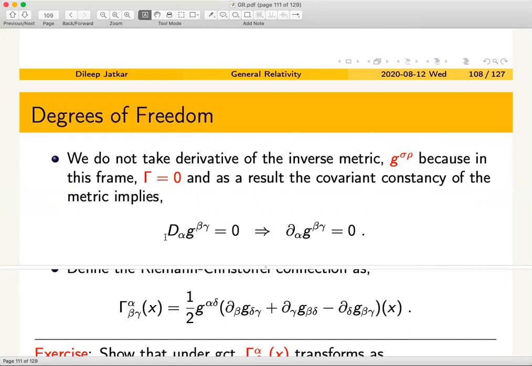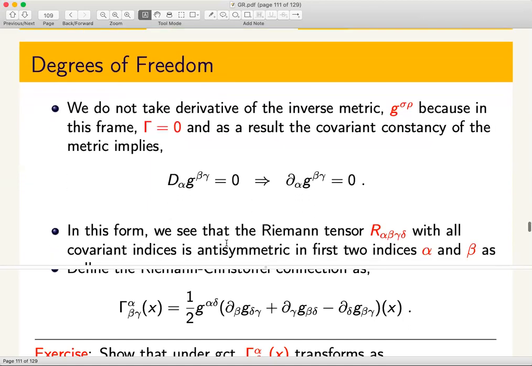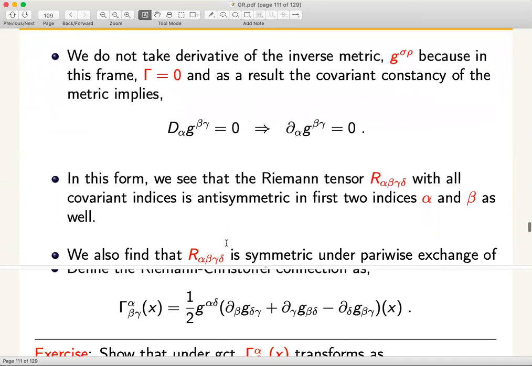Covariant constancy says the partial derivative of G plus gamma times G plus gamma times G is equal to 0. But gamma is 0 in our frame, so you get only the partial derivative acting on G, and that is 0 because of covariant constancy.